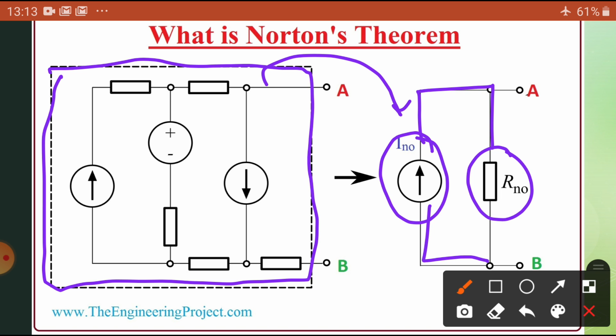Whatever the circuit is, it is equal to this one. That is Norton's theorem. Now let us see one example step by step.